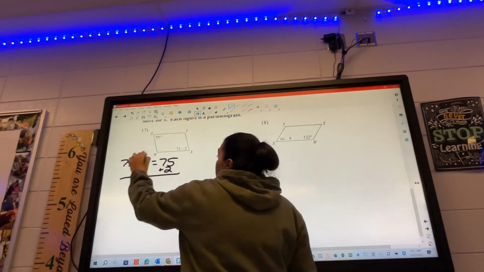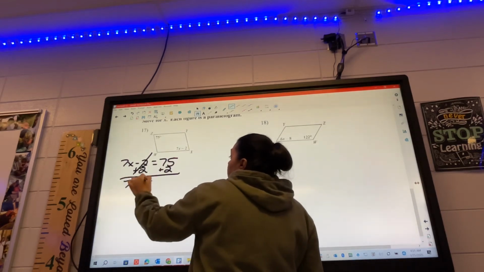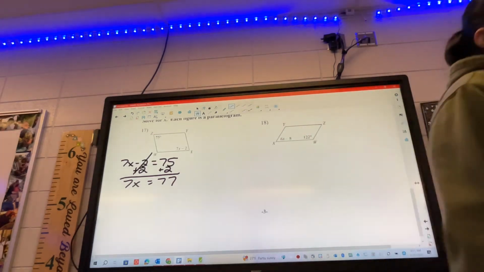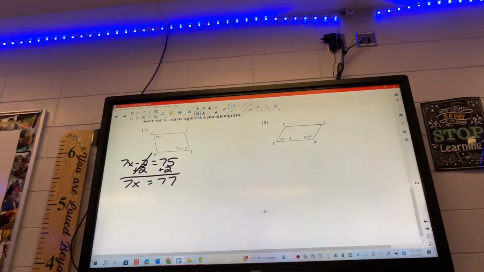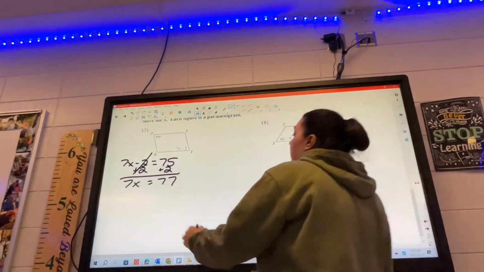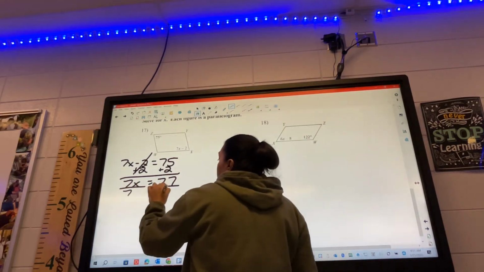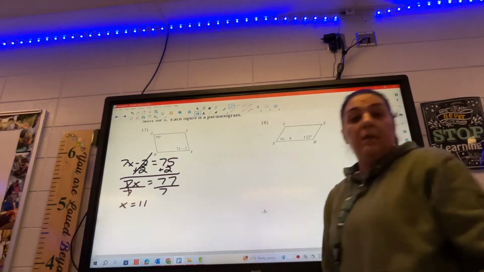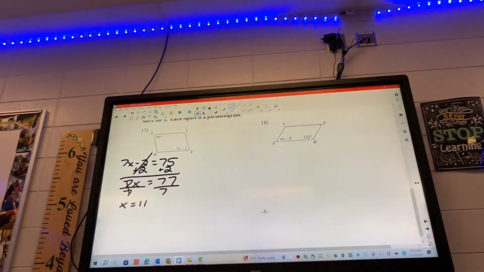So I'm going to get 7x equals 77. Then what? Divide by 7 on both sides. So we get x equals 11. Okay, do we stop or keep going? We stop. It says solve for x and we did that.